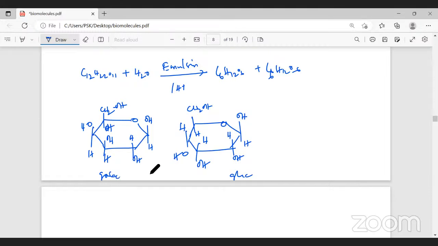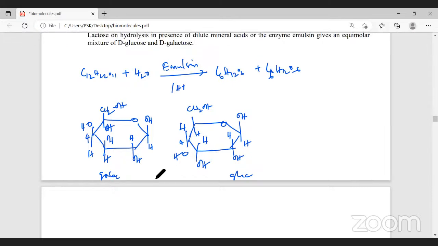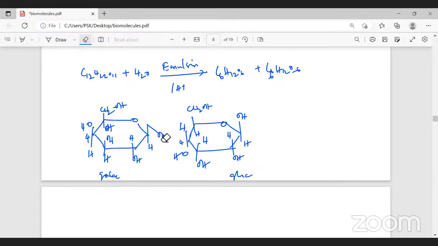This is galactose. Now, if you observe very carefully, the structure looks similar. Only at the fourth carbon atom the configuration is different in case of glucose and galactose. Now, when these OH groups come closer, I bring this OH group here, close to the other. Since the OH groups are close to each other, water gets eliminated.